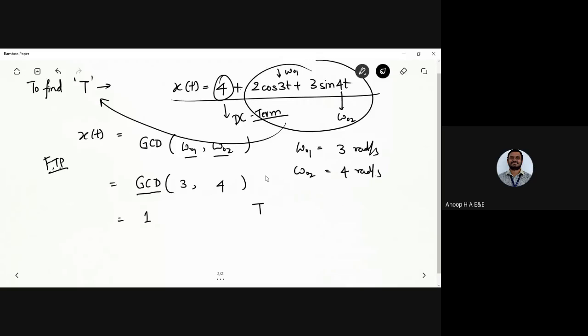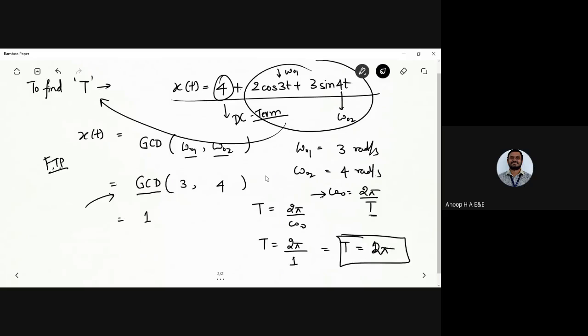Where omega naught is equal to 2 pi divided by T. So omega naught is the fundamental frequency in radians per second, right? So now the fundamental time period will be 2 pi divided by omega naught. So T is equal to 2 pi divided by omega naught, which is equal to 1. So the time period is equal to 2 pi.